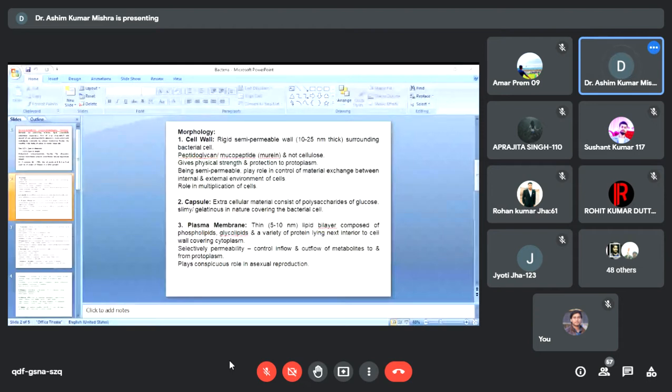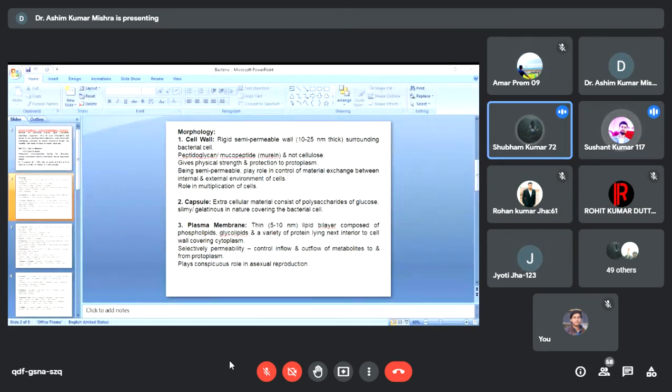Then peptidoglycan or mucopeptide, both of these together are known as murein. So the cell wall is composed of peptidoglycan and mucopeptide, and not cellulose. Cellulose is present in the plant cell. And in fungi, chitin.